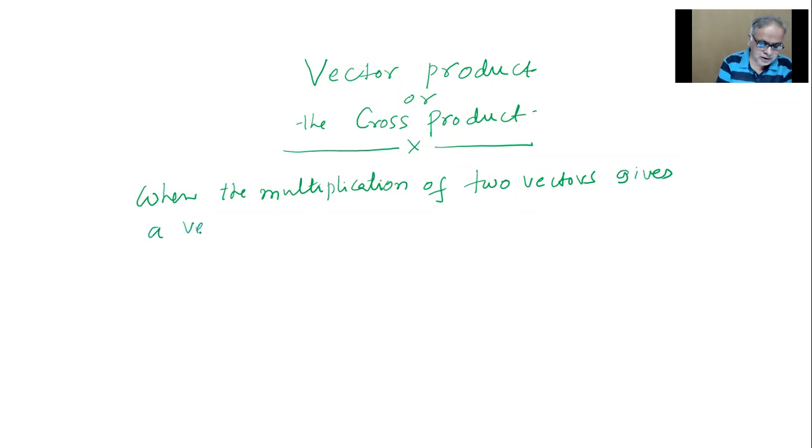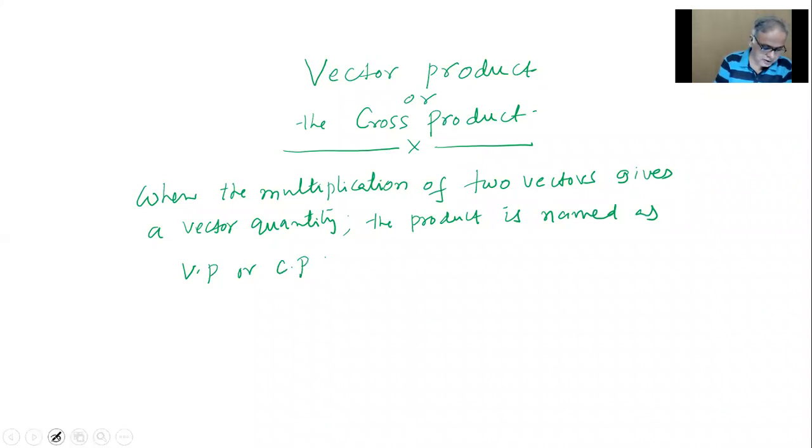A vector quantity, the product is said to be named as what? Vector product or cross product.